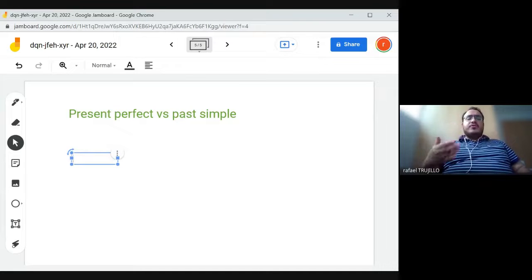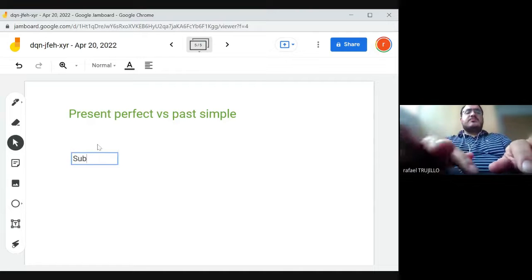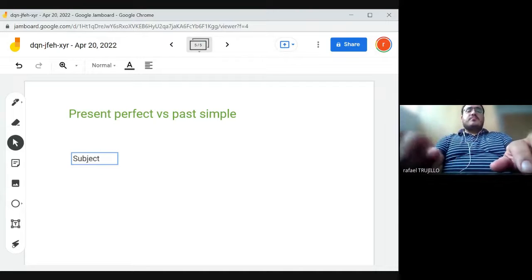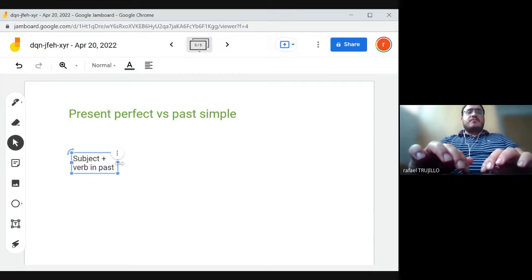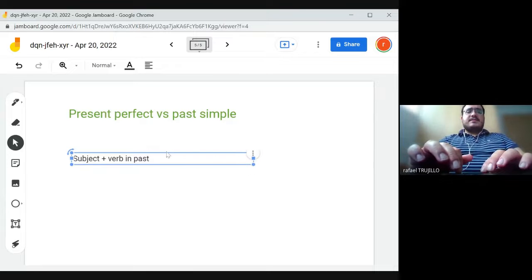If you remember the past simple, as its name said, it is a very simple text. It simply has a subject, the verb in past. Of course, for the affirmative, para la parte afirmativa, subject plus verb in past.